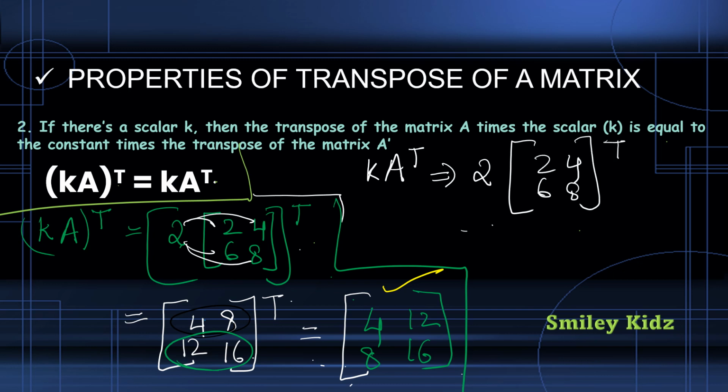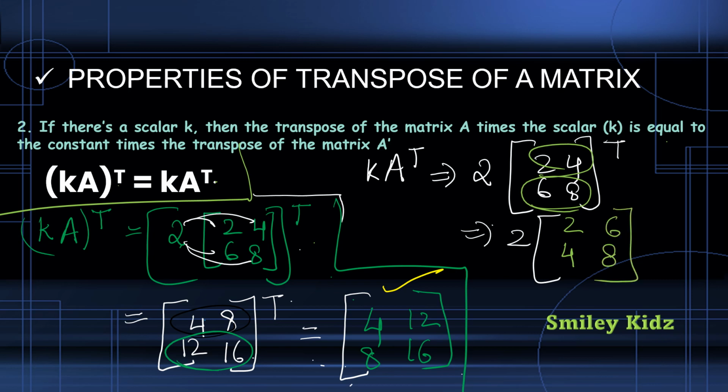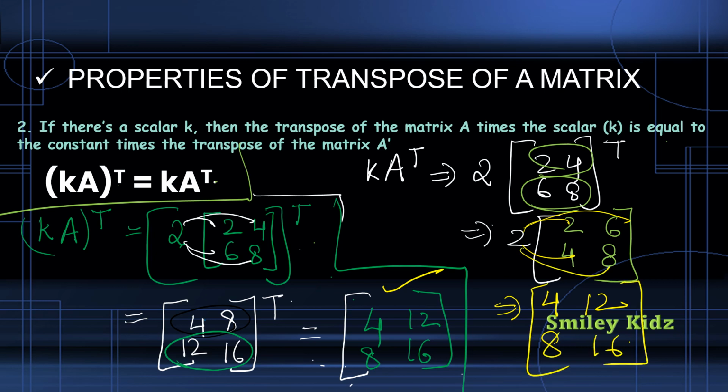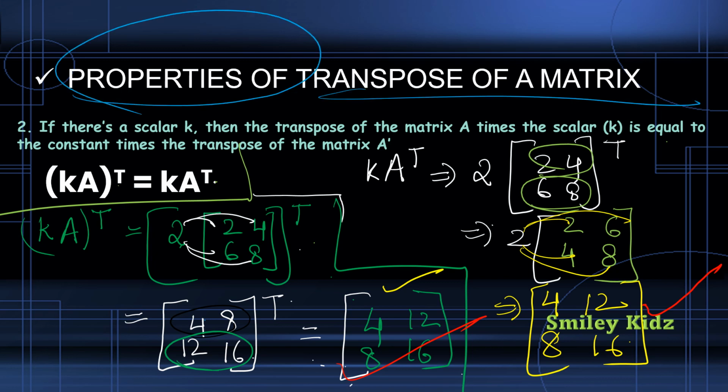Here the transpose of 2, 4 will be written as 2, 4... no, 2, 6 and 4, 8. Now multiply them. You're going to have 4, 12, 8 and 16. So this is the new matrix that we obtained. Now have a look at this matrix and this matrix. Aren't they the same? So this is the second property of the transpose of a matrix.